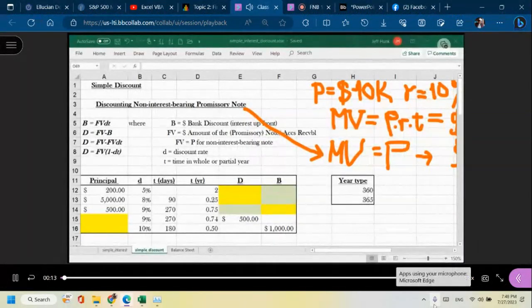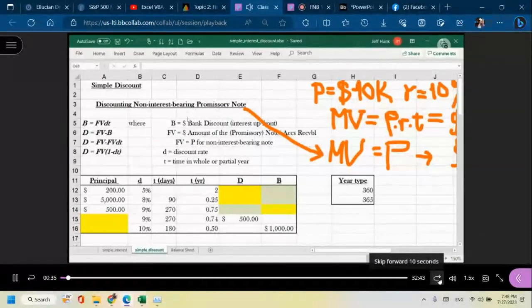I hope you're looking at the same file as I am. We basically defined what a non-interest bearing promissory note is. There are two types of promissory notes: non-interest bearing, paying no interest, and interest bearing, paying interest, of course. Now, let's define a couple of symbols.